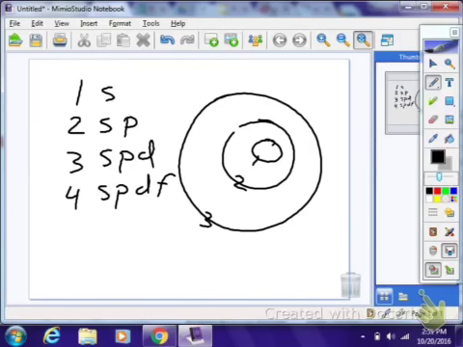But the first couple will fill, then after that they won't fill all the way up before other shells start to fill up. So they don't go in a perfect order. You would think 2 electrons, that one will be filled, and then 8 electrons, that one will be filled, and then 18. But this one will not be filled before the fourth starts to fill. And I'll explain that, why that's the case. But these two will fill with 2 and 8, but when you get to the third shell, it won't completely fill. All right?